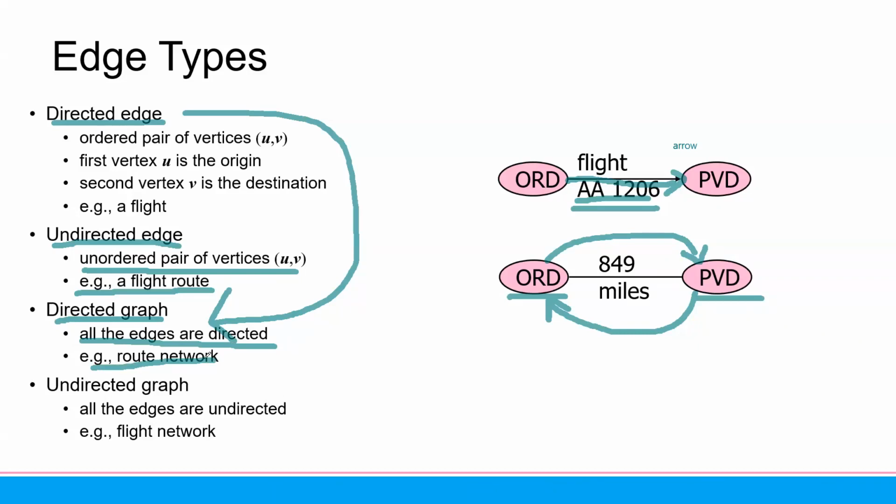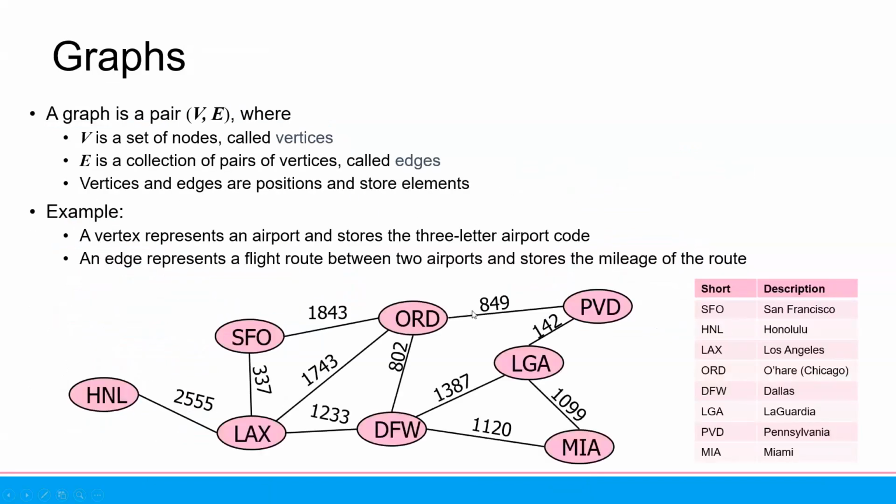I can go to Gwangju, I can go to Bundang, then there will be a very complex network if I want to go from Mohyun to Seoul. And that can be one of the directed graphs. If it is an undirected graph, it means all the edges are undirected. You can see the flight network. Yeah, this one is one example of an undirected graph.